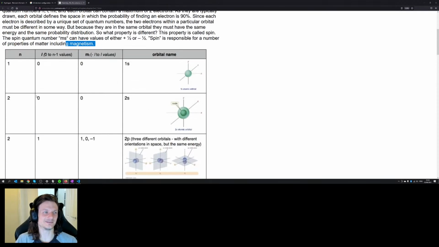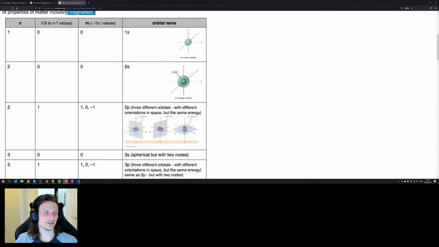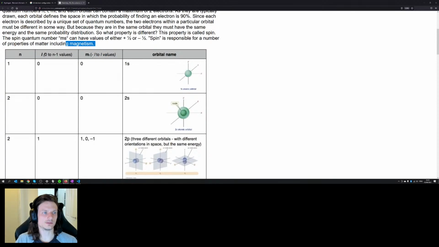Okay, so we've got n, l from 0 to n minus 1 values. ml is minus l to l values. Is this minus l or 1? Hard to tell.